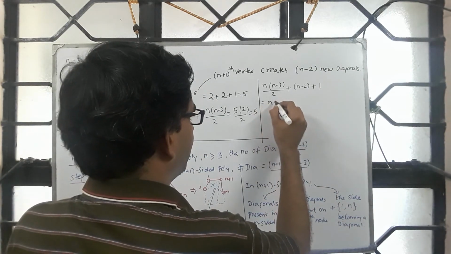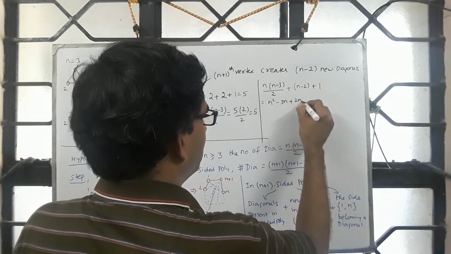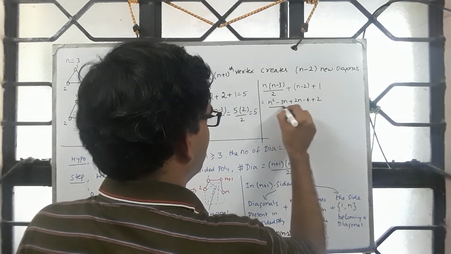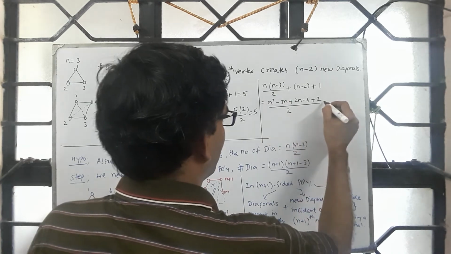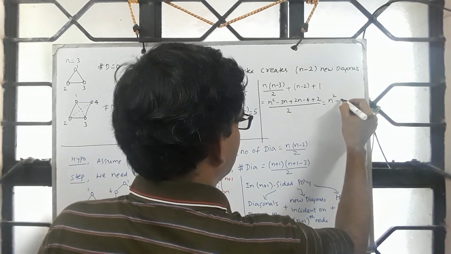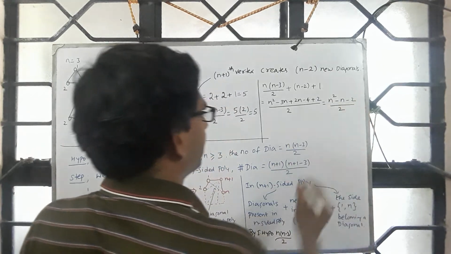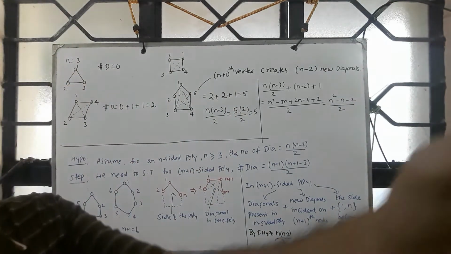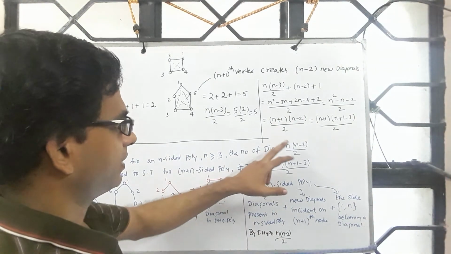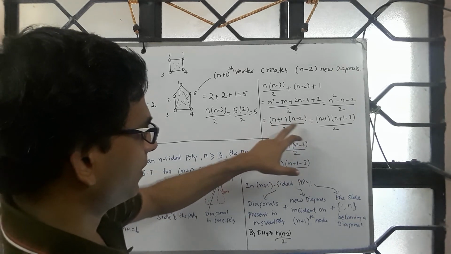So you simplify, you get n square minus 3n plus 2n minus 4 plus 2 by 2, which is n square minus n minus 2 by 2. Okay.